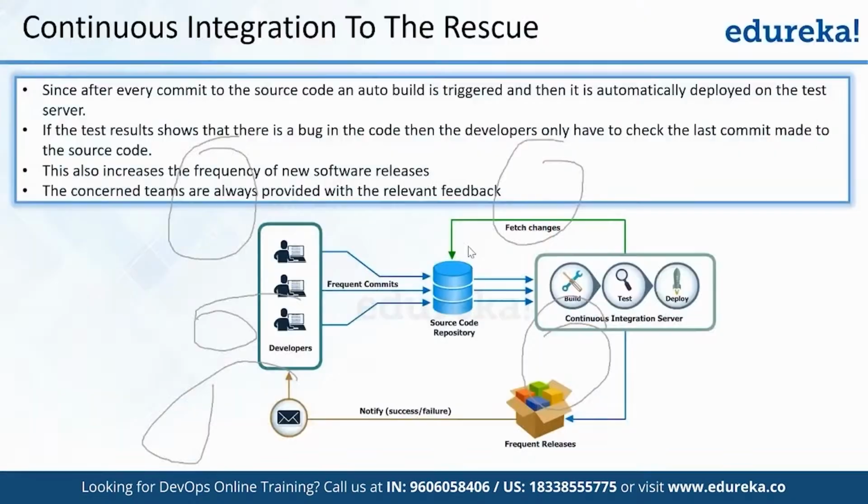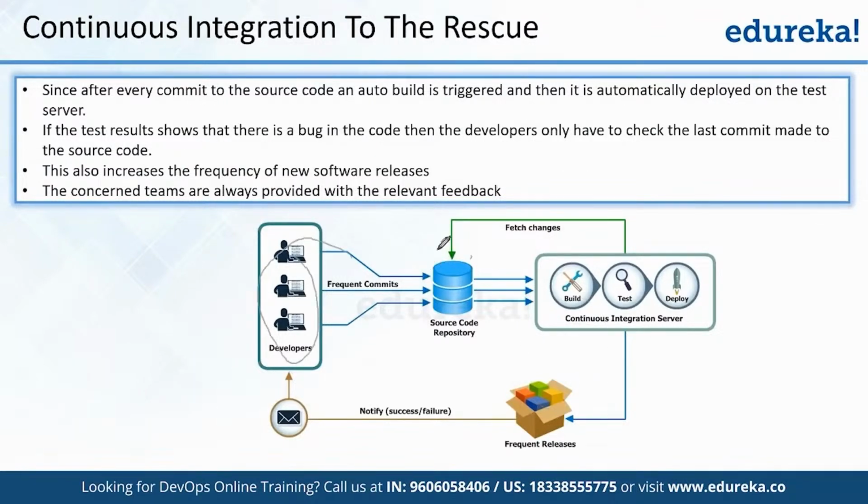Now, in the continuous integration process, you have frequent commits in the source code. The moment it is committed, you have your build, test cases, deploy, and all the audits invoked, which in turn send you notifications if any of them fail. So for each and every commit or group of commits, you get frequent feedback.